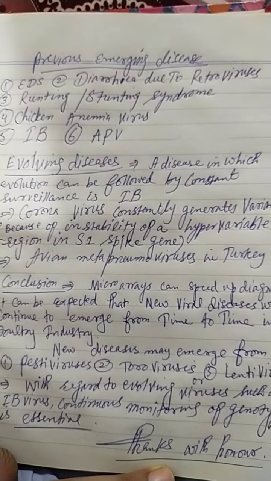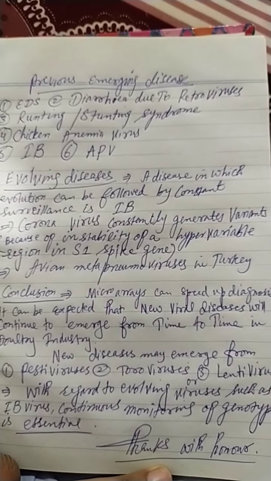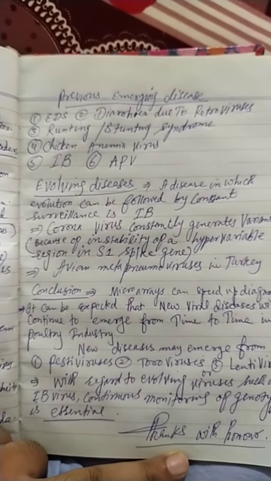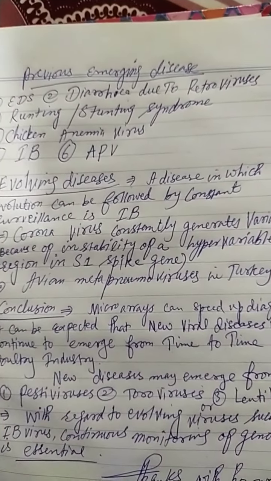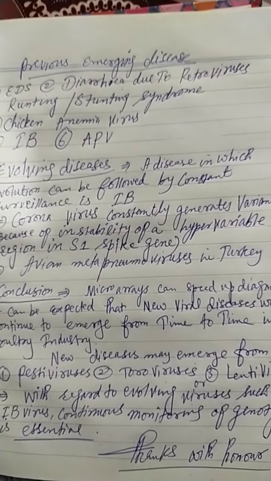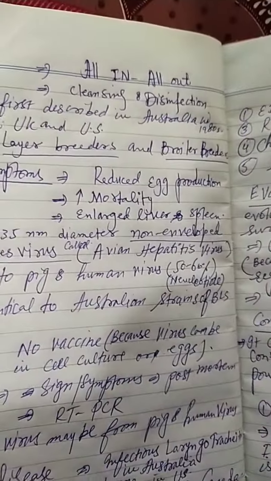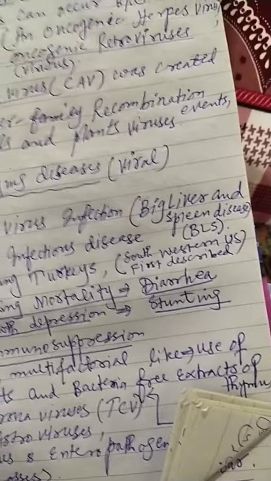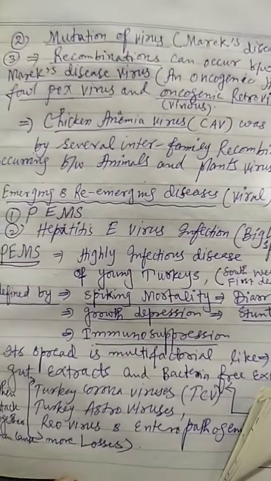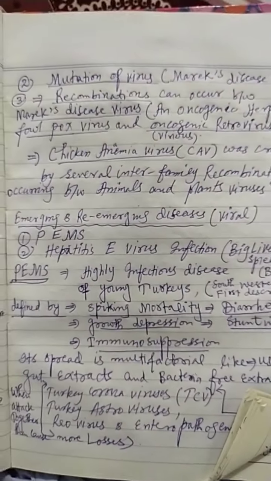And with regard to evolving viruses such as IB virus, continuous monitoring of genotypes is very essential. So there are two main diseases of poultry now considered as emerging diseases, PEMS and BLS. BLS means big liver and spleen disease. It is also called hepatitis E virus infection.